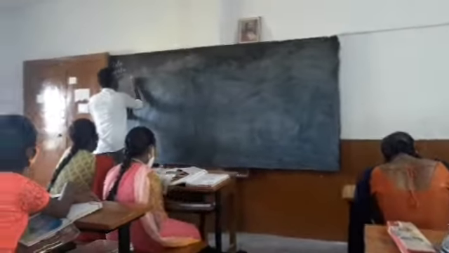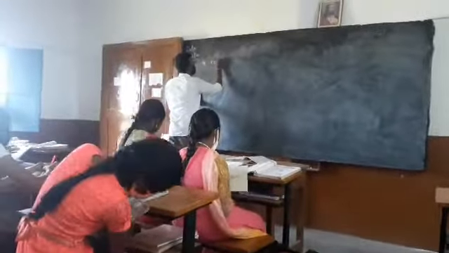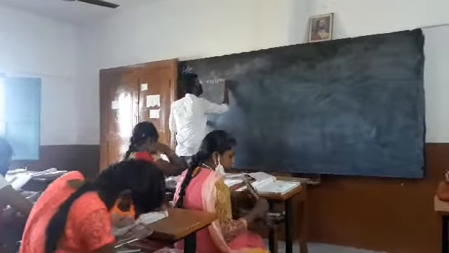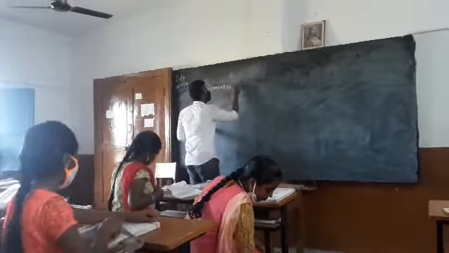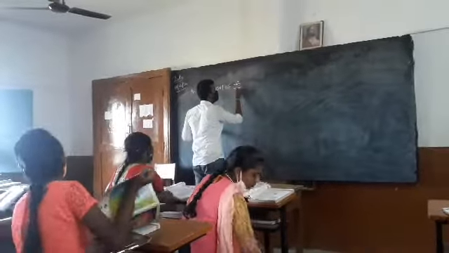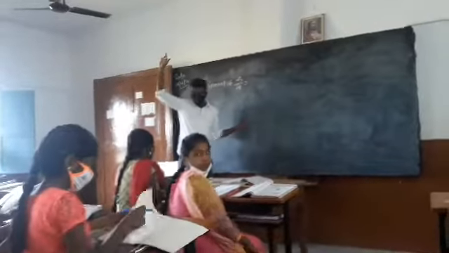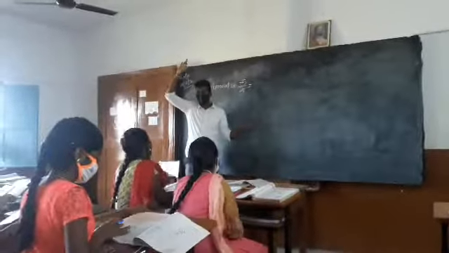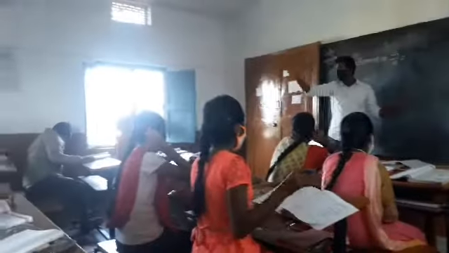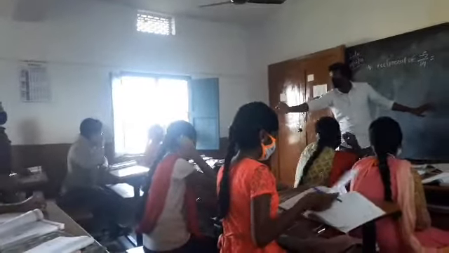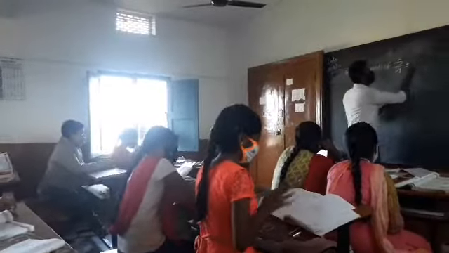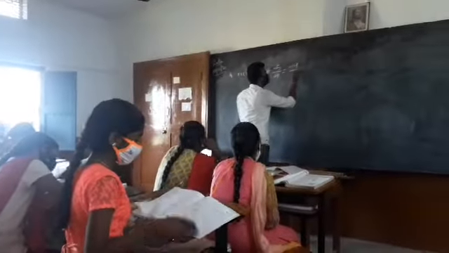So, problem number 4. Reciprocal of minus 5 by 14 equals to minus 14 by 5.